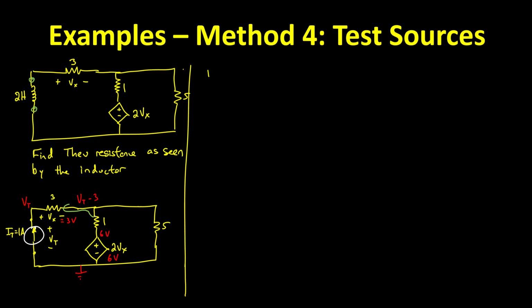So let's begin by writing the nodal equation for that node. The current flowing to the left out of the 3, we can say is equal to VT minus 3, that's the voltage on the right of the resistor, minus the voltage on the left of the resistor, divided by that resistor value.